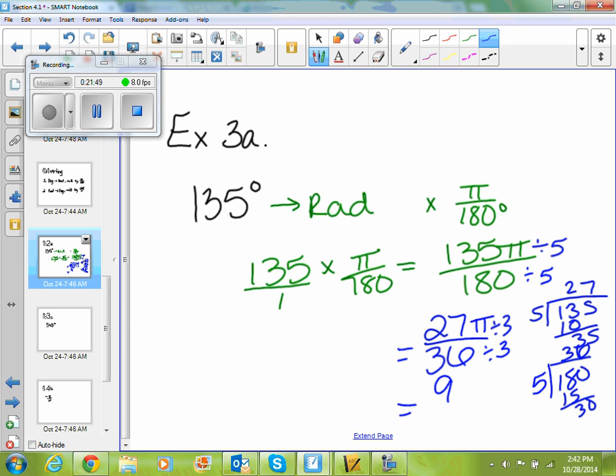So I end up with 9 pi over 12, oh, I can reduce this by 9. Well, anyways, if you reduce it all the way, then you end up with 3 pi over 4.